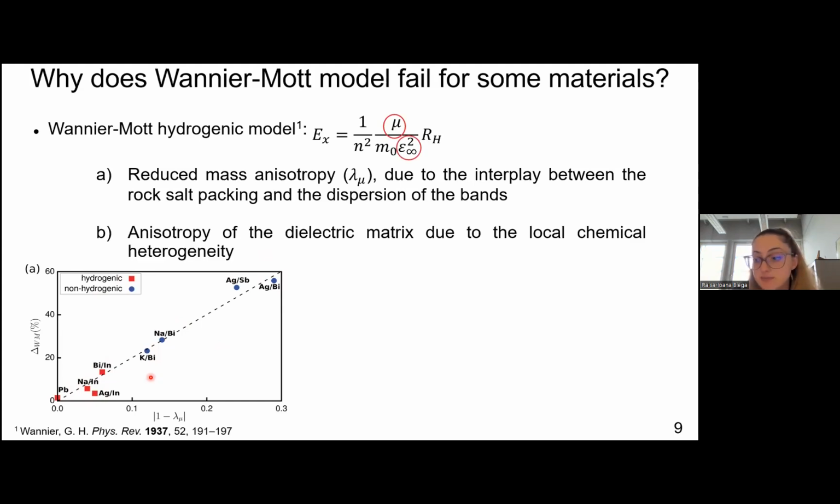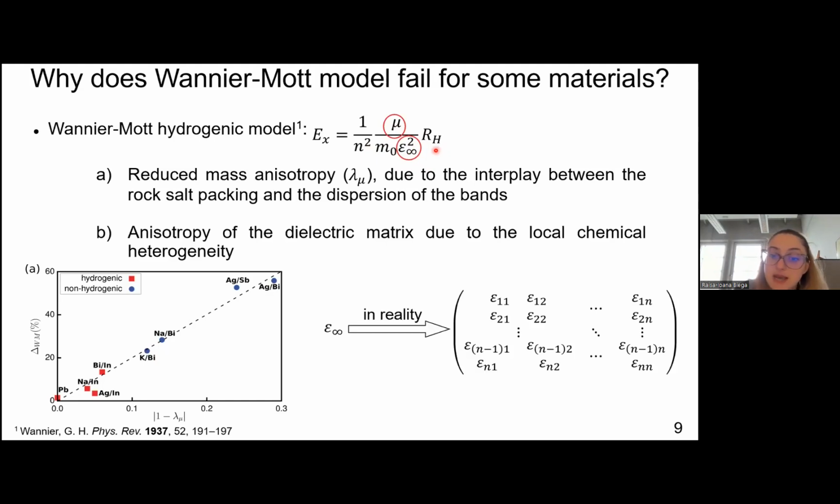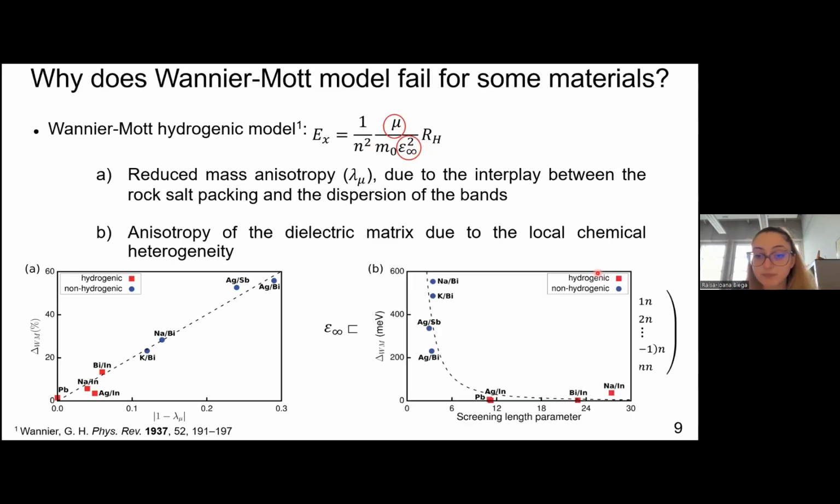The next quantity that we have to look into is the dielectric constant, and in the Wannier-Mott formula it is assumed that the dielectric screening is constant in space, but this is not true for the double perovskites. In reality, this is not a constant, but really a matrix.